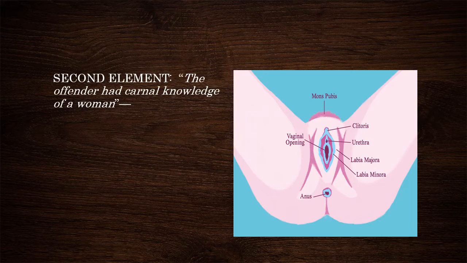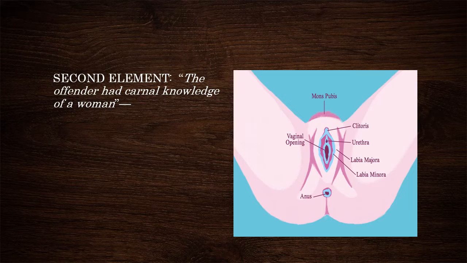I am showing to you another picture. This time, this is a picture of the external genitalia of a woman. You can see here the vaginal opening, the clitoris, the mons pubis, and the two labias, the labia majora and the labia minora. Now, why am I showing this picture? I am showing this because this is in relation to our discussion of the second element. And what is that second element?